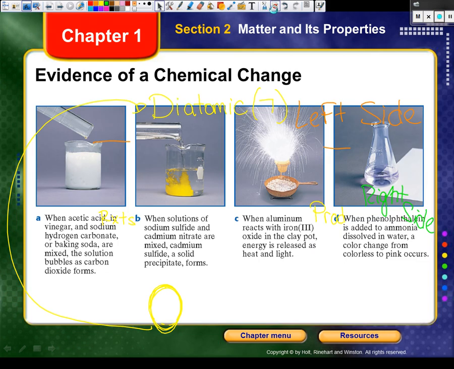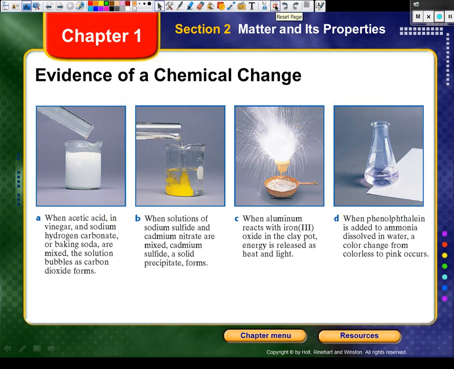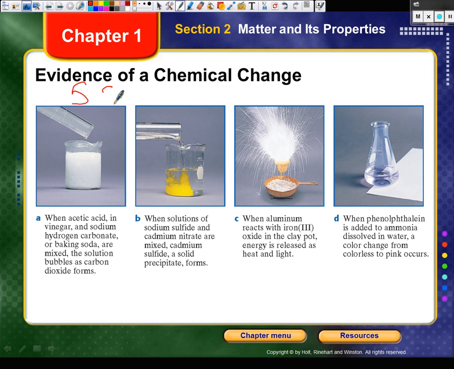Okay? This is the biggest slide out of the chemical chain. So put a big circle around this entire slide. Okay? There are 5 signs. Okay? 5 signs of a chemical reaction.